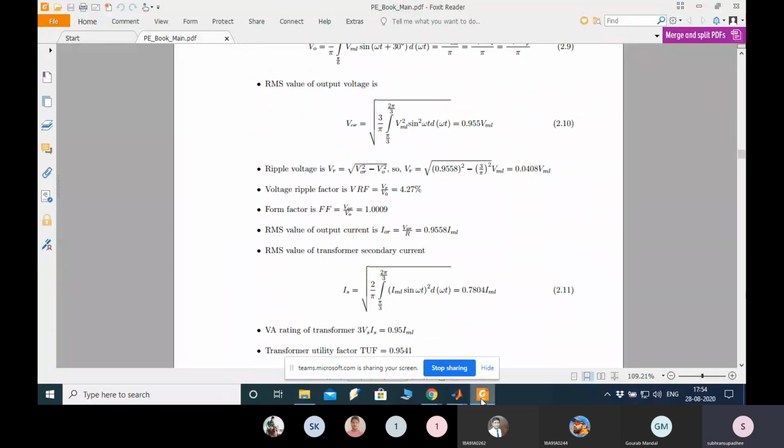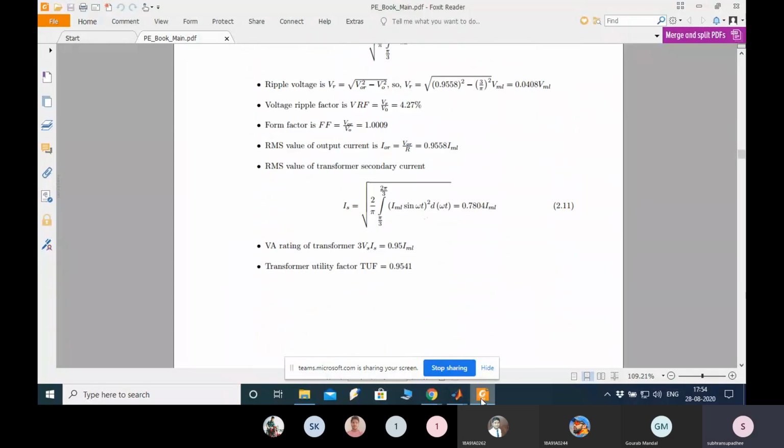Form factor, RMS value, all these calculations are available in the books. This is for review purposes. The transformer utilization factor is much higher than the full wave circuit.